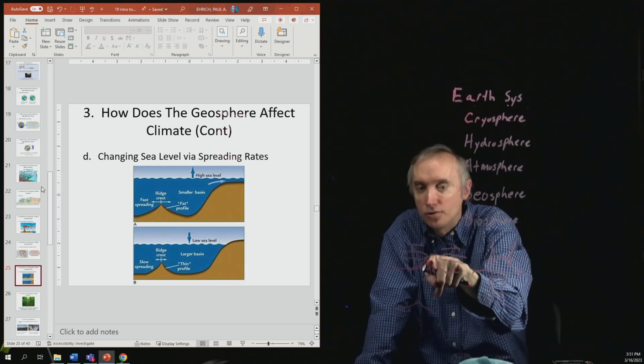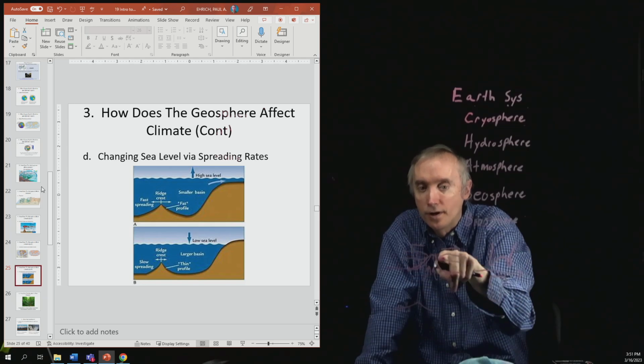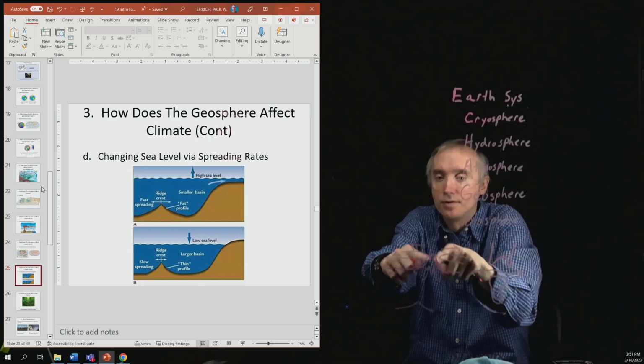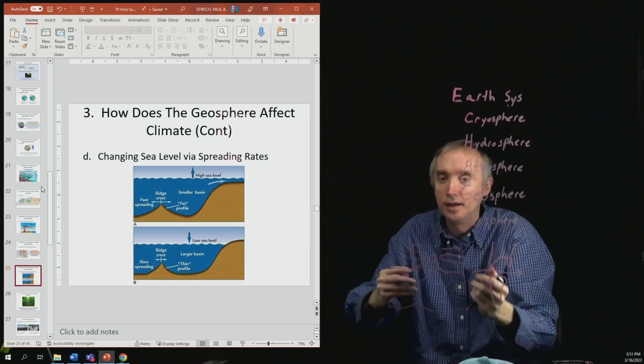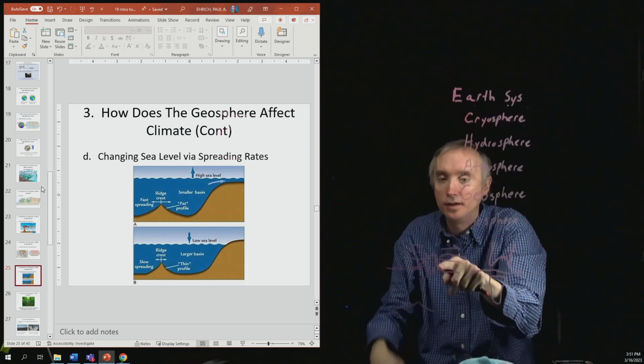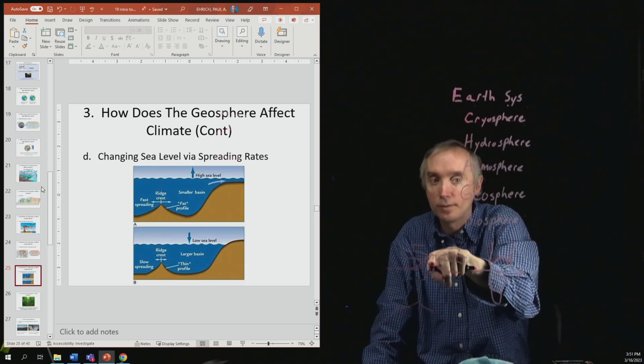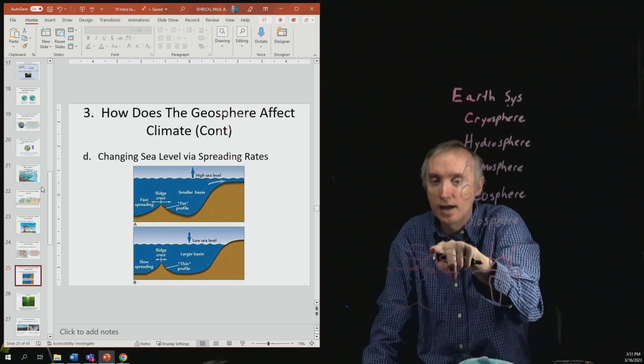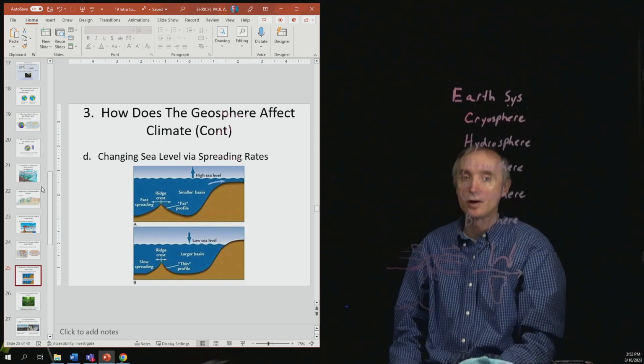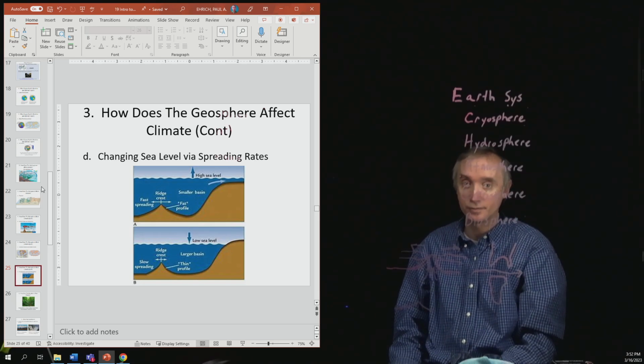Well, the more it pushes up the ground, the water has to go somewhere. The water on top of this mid-ocean ridge gets displaced if this is being pushed up higher, and so what tends to happen is that water will slosh onto the continents.